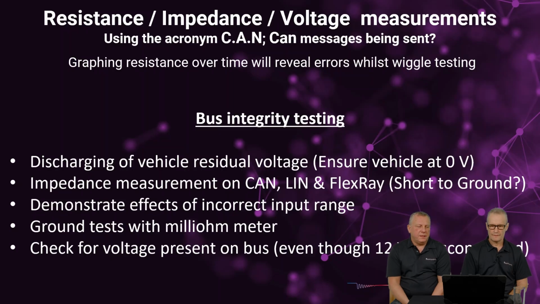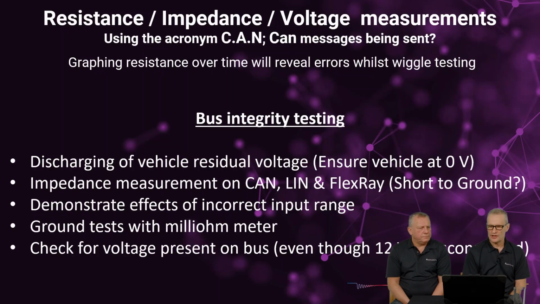It's interesting, that extra visibility you can have using the milliohm meter as opposed to the resistance leads gives you another avenue, another test you can do, especially for poor pins and things that you wouldn't spot in any other test method. Certainly, it's got me out of trouble once or twice already. And we will compare the accuracy between both. We've got a resistance lead that we're graphing resistance over time, so we'll get the value from there, and then we'll drill down with the milliohm meter and see what the true value is.